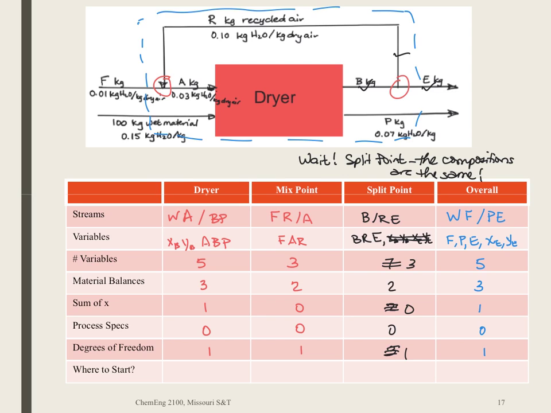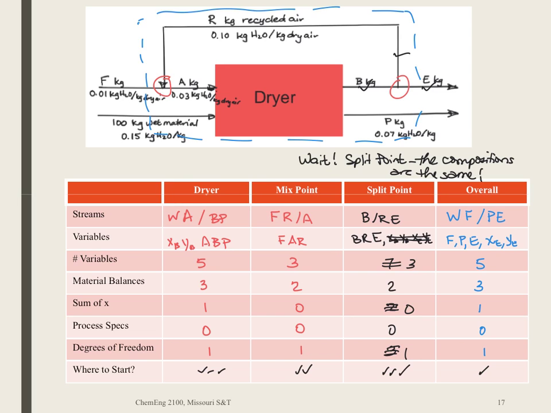So where do I want to start? They all have 1 degree of freedom. Well, you can kind of choose any place that you would like to. I started with the overall system, so I did this one first, and then I went to the mixing point next. And then I'll follow up with these others as needed.